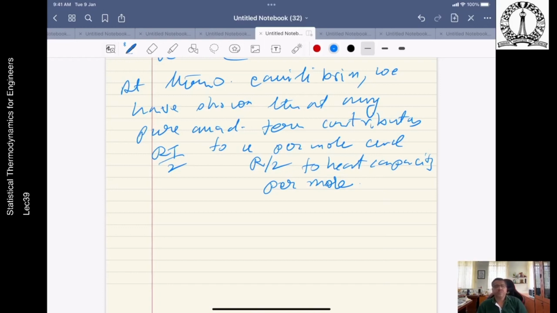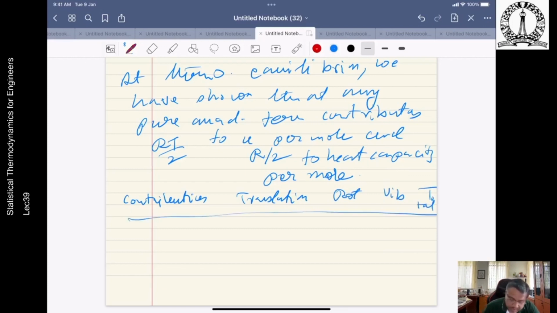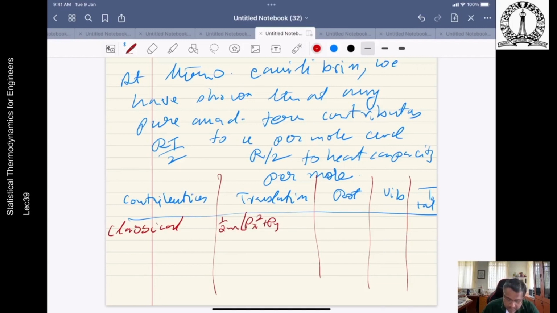Okay, so if we write this down with the contributions from translation, rotation, and vibration as a total. The translational contribution is classical: 1 over 2m times (x dot squared plus y dot squared plus z dot squared). The degrees of freedom is 3.